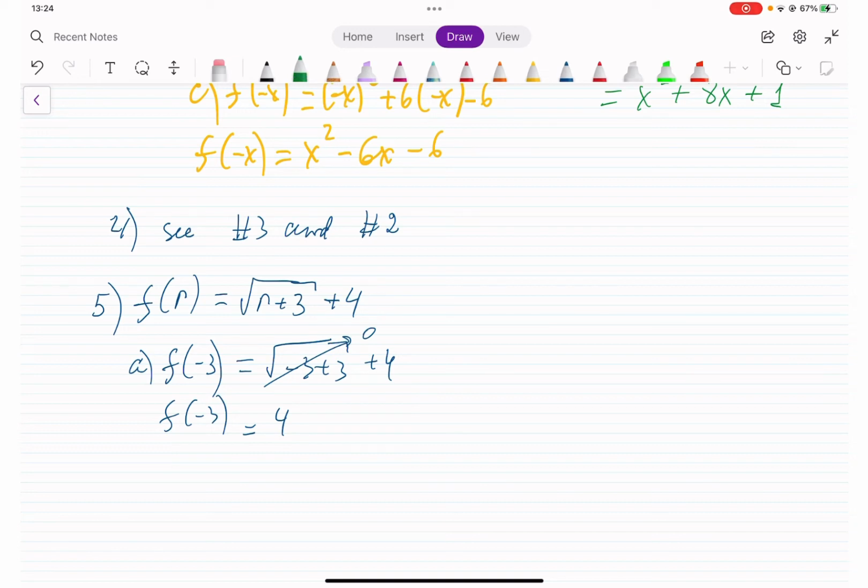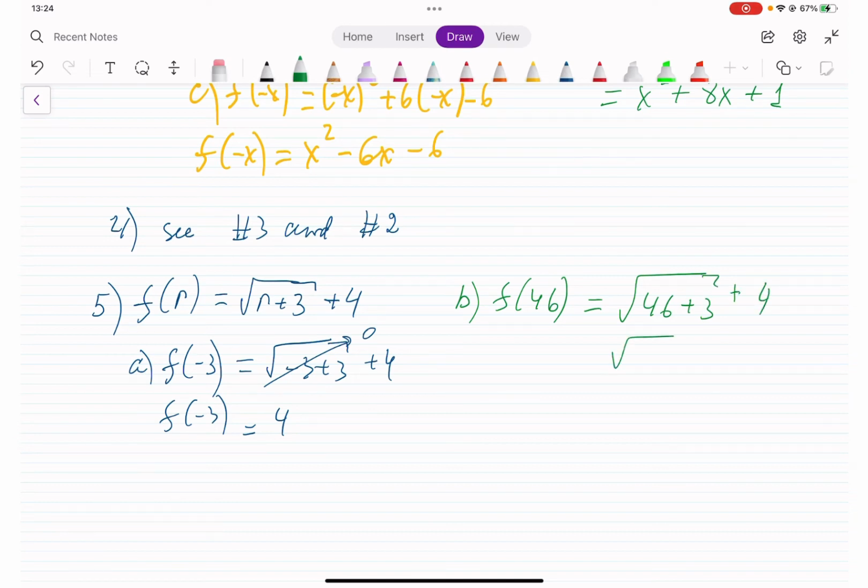Next, b. B is f of 46. So which means instead of r, plugging 46 plus 3 and plus 4.